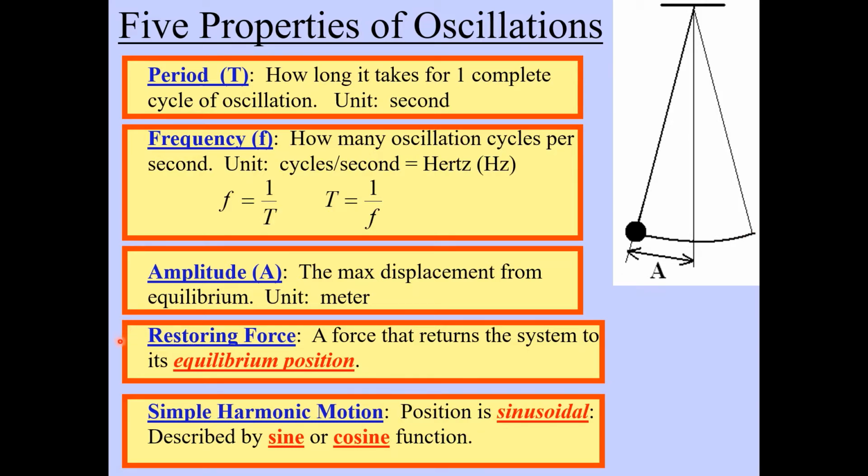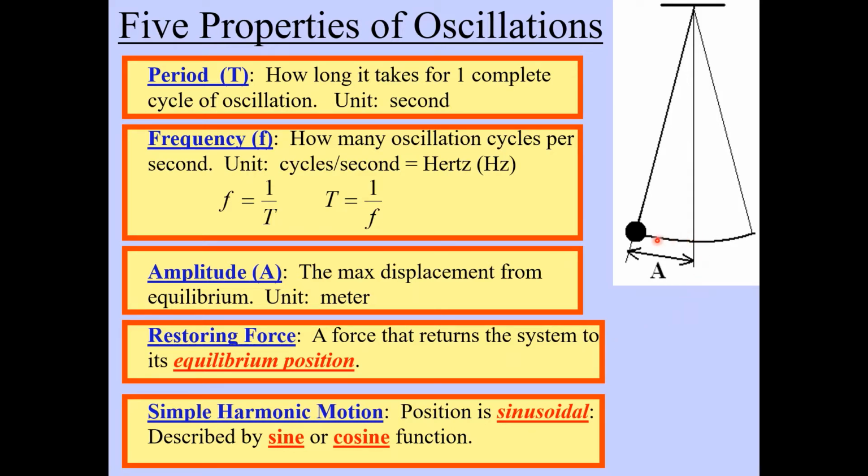The next property of all oscillations is that they all have a restoring force. And the restoring force, of course, is what makes the oscillator vibrate back and forth. So a restoring force is a force that returns the system to its equilibrium position. We talked about several examples of this on the last slide.